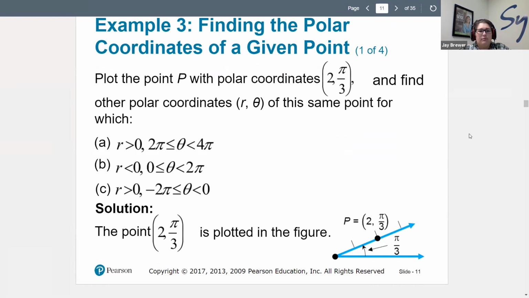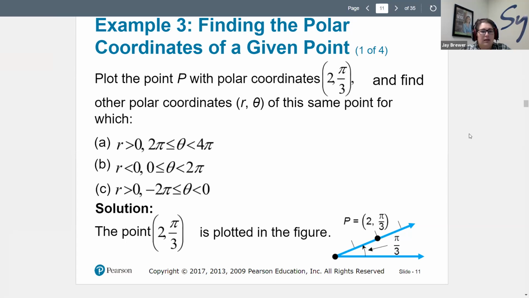All right, so example 3 says finding the polar coordinates of a given point. Plot the point P with the polar coordinates 2, pi over 3, and find the polar coordinates r, theta of the same point for which, in solution A, they want r to be greater than 0 and theta to fall between 2 pi and 4 pi.